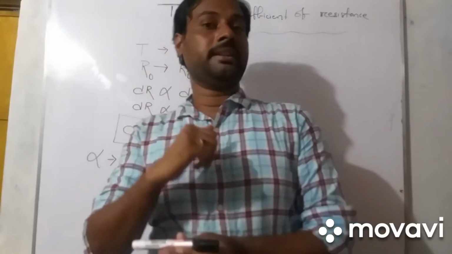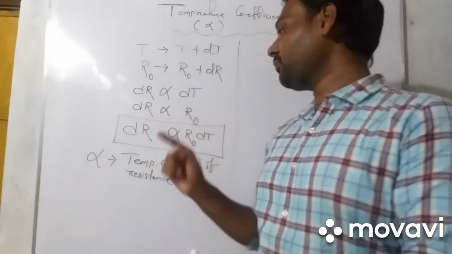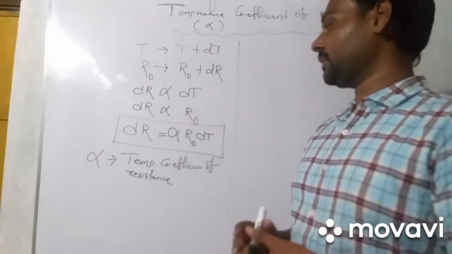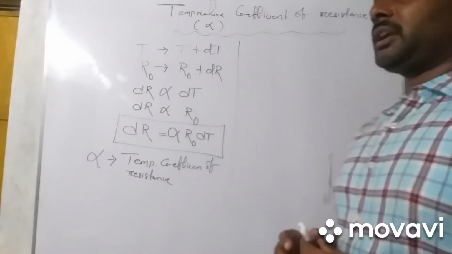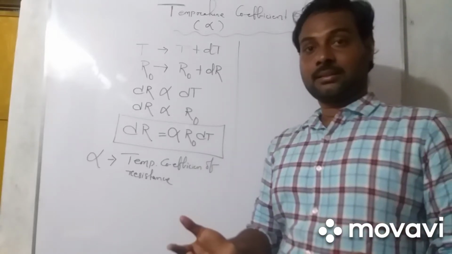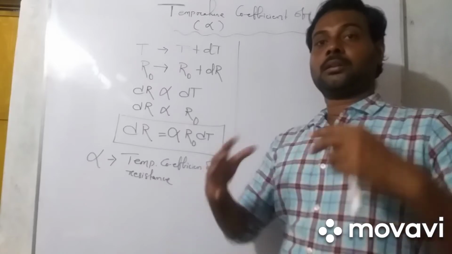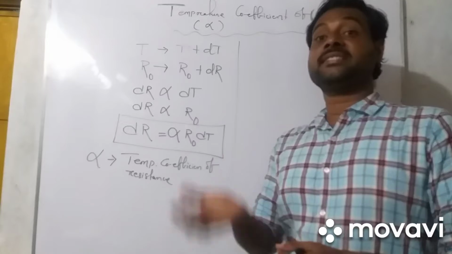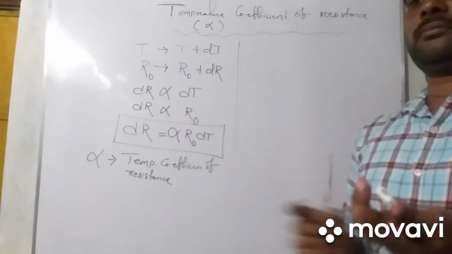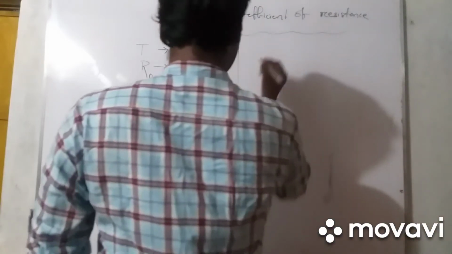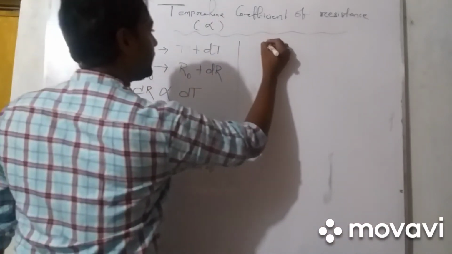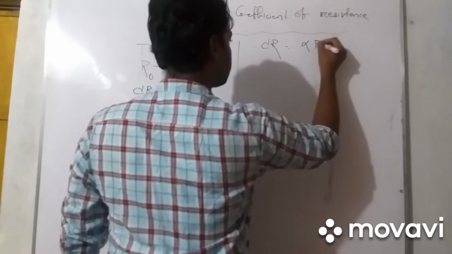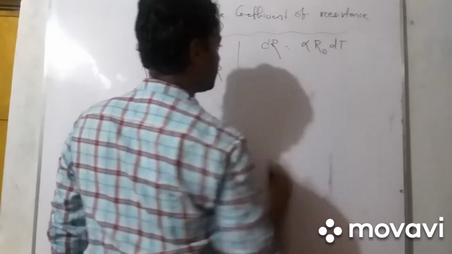If you remove the proportionality, we use a constant quantity called the temperature coefficient alpha. Clear? So the total amount of resistance generated due to the change in temperature can be calculated. In that equation, dR is equal to alpha R0 dt.